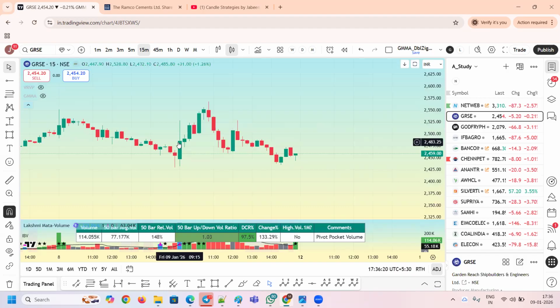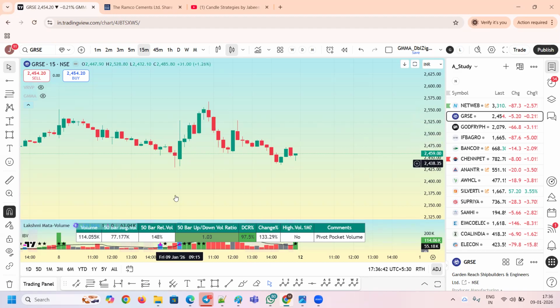See, this candle, it is up only. Though this candle has formed a bigger wick, the next is also green only and it is moving upward. This is the 9:15 candle, so it may be volatile. The next 15 minute candle is also within this range.